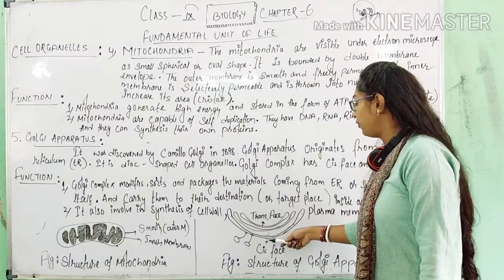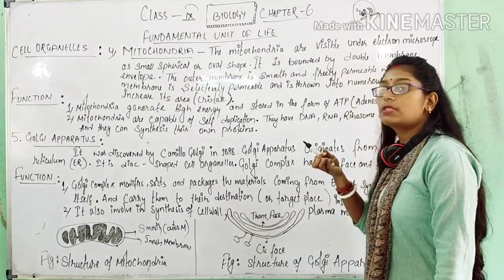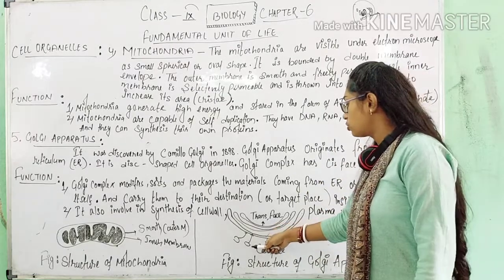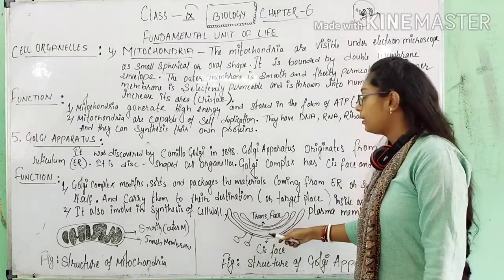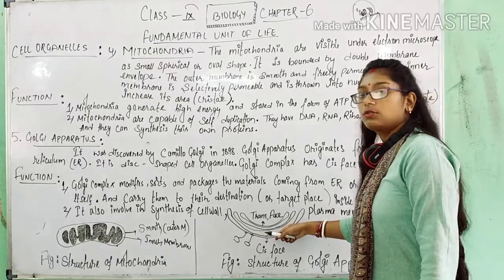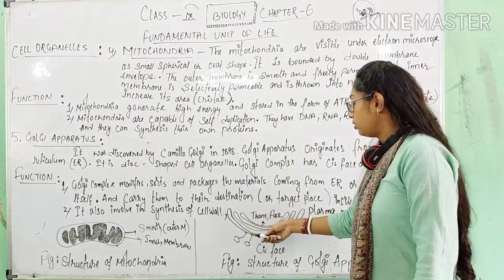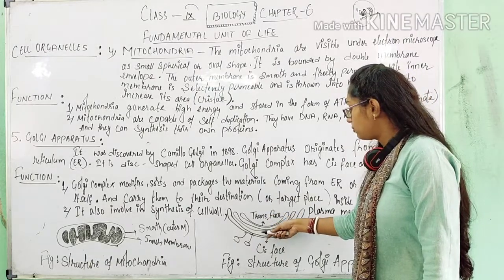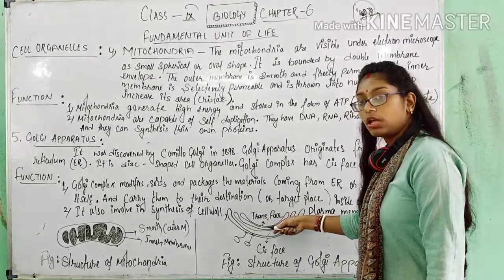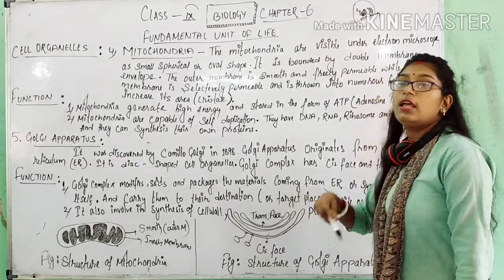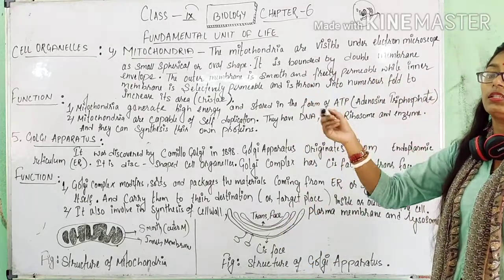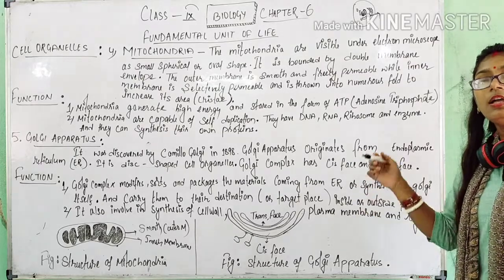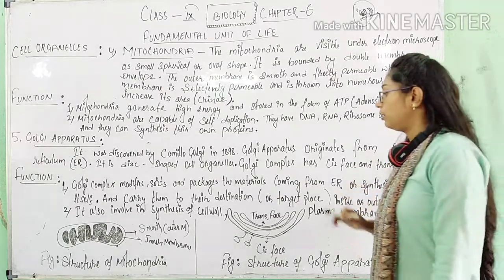So cis phase, what they do, they receive the food materials, okay, from ribosomes or from endoplasmic reticulum. The proteins are being received from the cis part and stored, and then from cis part will be transported to the trans phase, and trans phase will next transport that protein materials or food materials to the target places wherever required there.